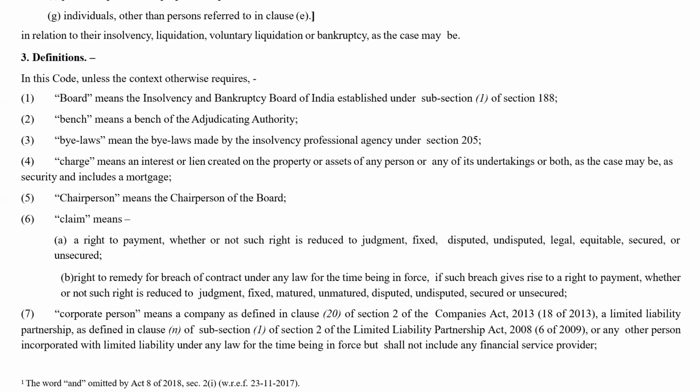Now, if the client does not provide you free steel or supply or cement and you are not able to perform your part of the promise, so naturally there is a breach. Now the point is, if there is a condition that okay, if any of the parties does not fulfill its part, then there is a right to claim liquidated damages. So that right to claim liquidated damages, that will come here at right to remedy for breach of contract. This is the meaning, right?